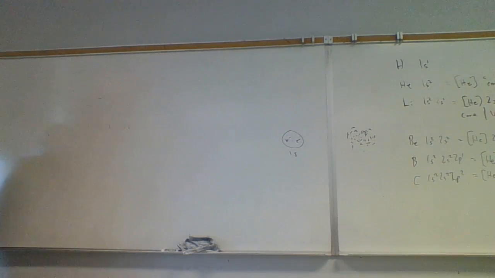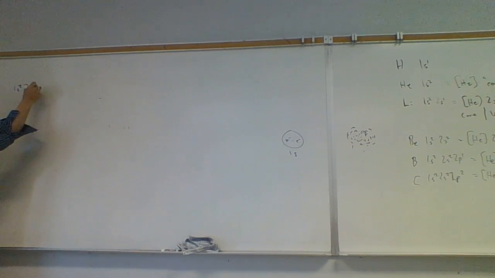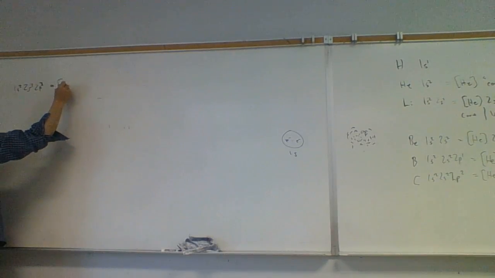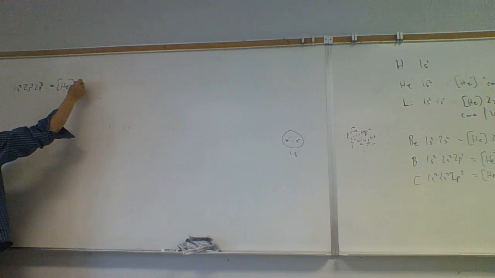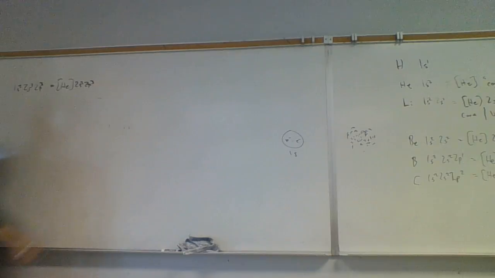After carbon, we have nitrogen. Nitrogen's 1s2, 2s2, 2p3, which means we've got the helium core plus 2s2, 2p3. Nitrogen has 5 valence electrons. In this shell, how many do we need to fill?